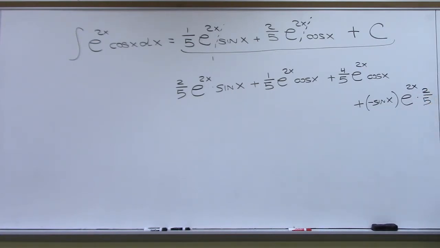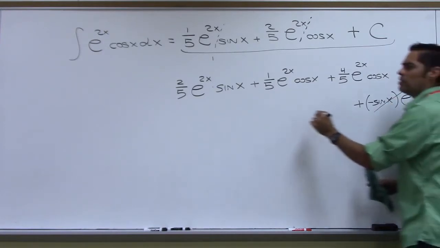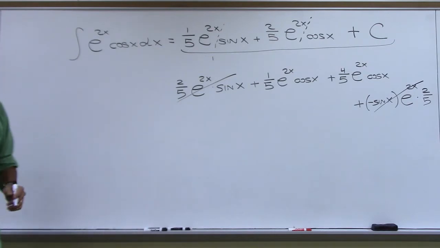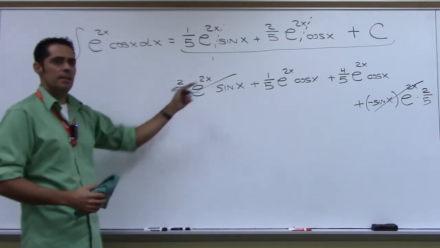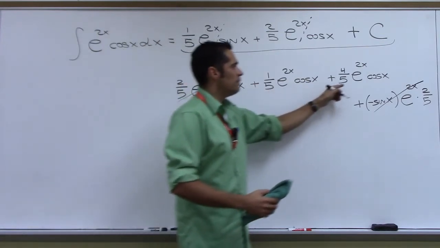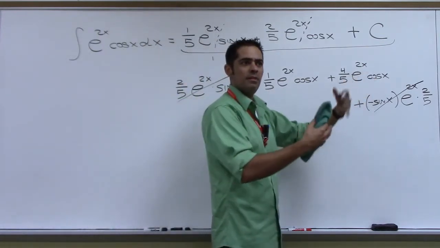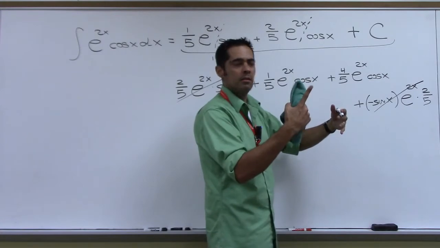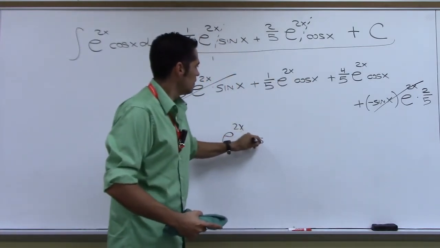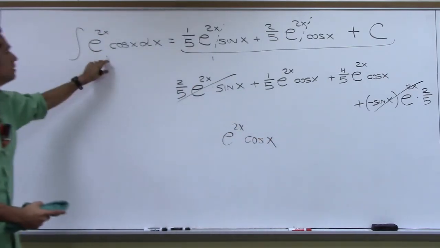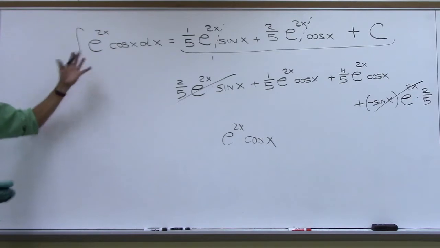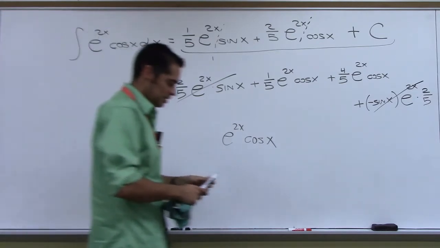I think these cancel? Don't they? Those are exactly the same except positive and then negative. This is 1/5 of these, and this is 4/5 of these. That's 5/5. That's 1. So my answer should just be one of those. That's the integrand. Right? It works.